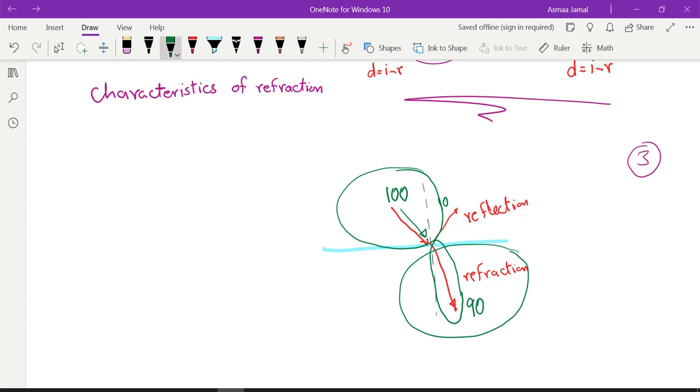This phenomenon, in which a part of light from a source undergoes reflection and the other part of light from the same source undergoes refraction at the same time at the surface, is called simultaneous refraction and reflection.